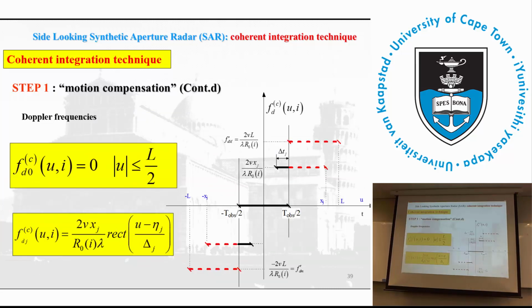Plus, I have some sum, i equal 1 to n, where n is the total number of scatterers. And how do I write that? I write it as sigma j times e to the j, it's not a function of time, it's actually constant values.